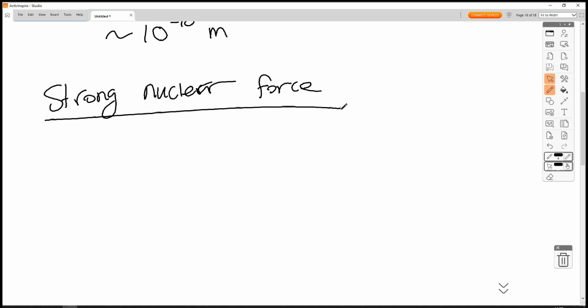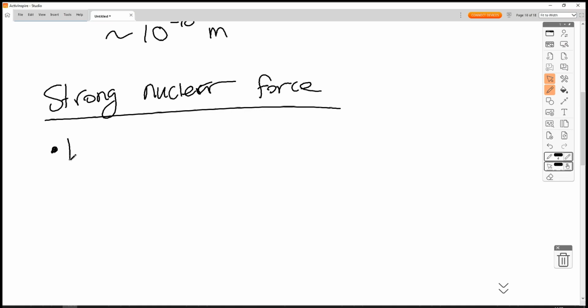Positive charges should repel each other. So just by considering the electromagnetic force only, nuclei should not exist. Because so far we haven't looked at a force that keeps things together, that's attractive. So we actually have two forces at play here.